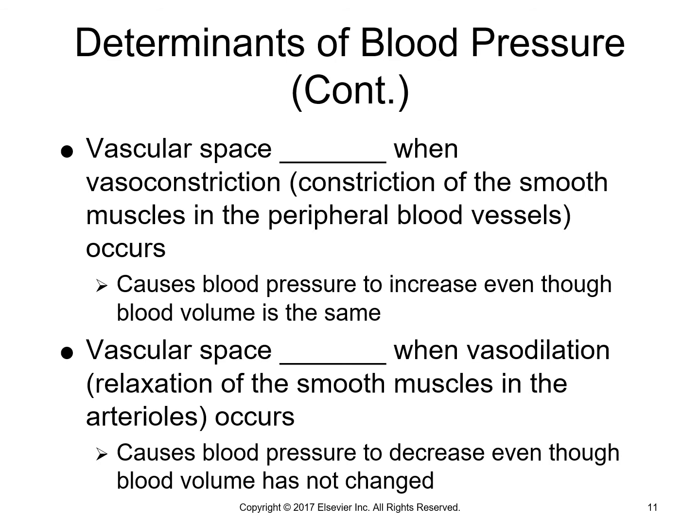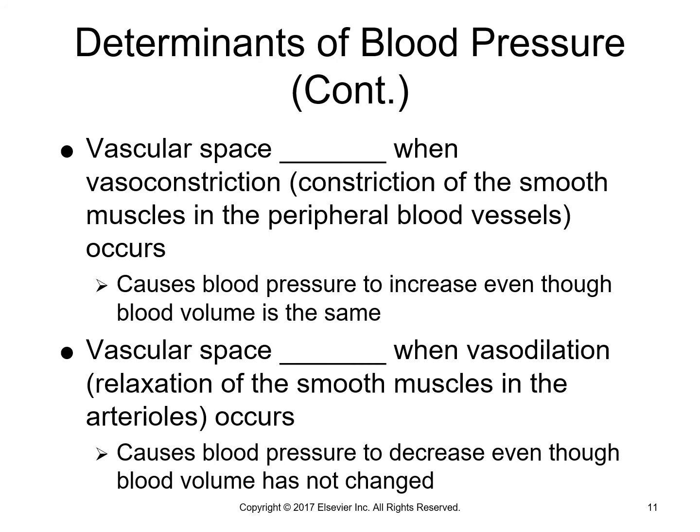So when vascular space decreases, when vasoconstriction occurs, that makes sense. We're constricting the vessel, we're making it smaller, so obviously the space is going to decrease, and that is going to cause our blood pressure to increase, even though the volume is the same. That's how our body compensates for that.